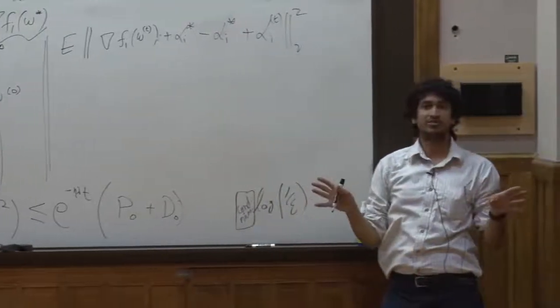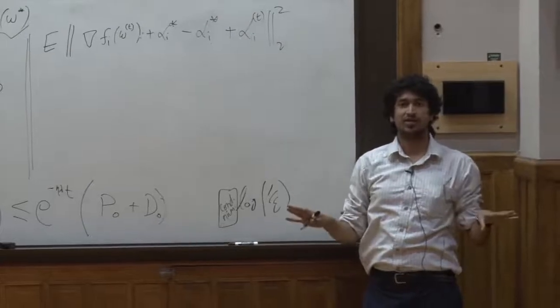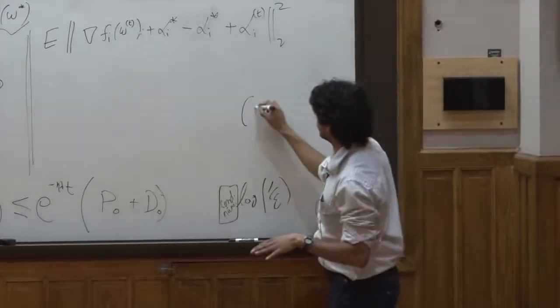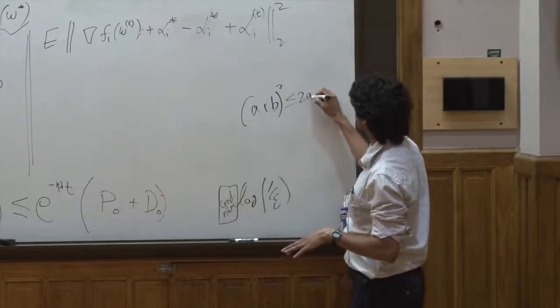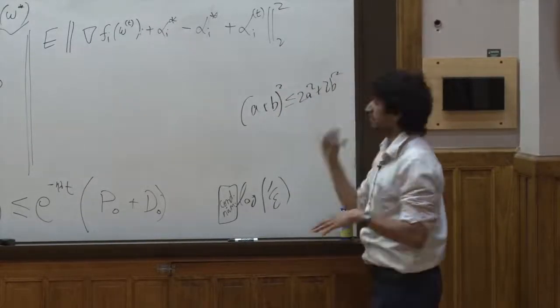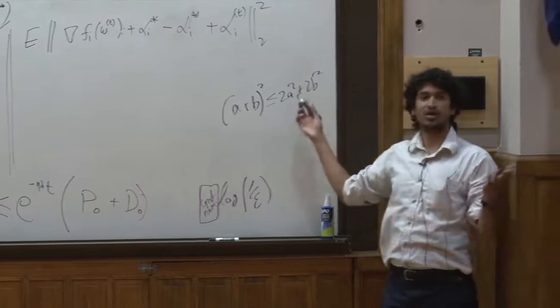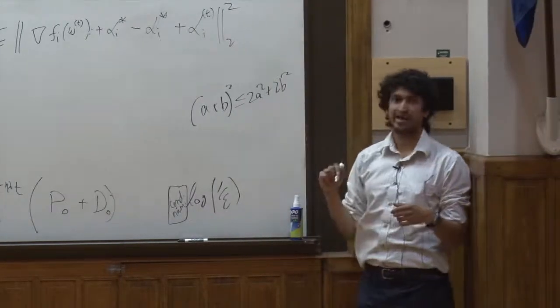So now I have 4 terms. And I'm going to use the fact that, you should know this fact, (a plus b) the whole squared is always less than 2a squared plus 2b squared. This is an inequality that you can verify for yourself by expanding it out.